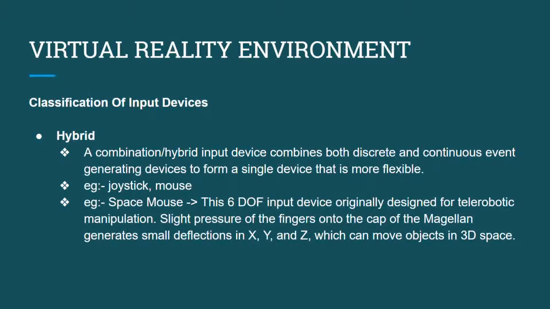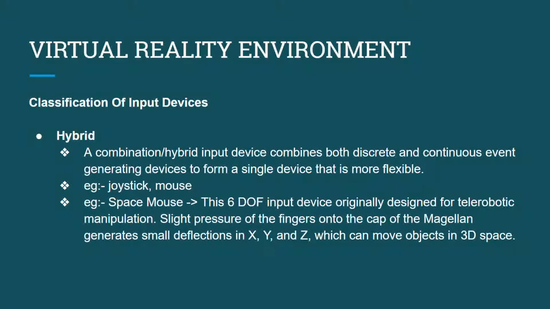Hybrid, as the name suggests, is a combination of input devices. A hybrid input device combines both discrete and continuous event generating devices to form a single device that is more flexible. The standard examples are the joystick and mouse, and the complicated one is the space mouse.